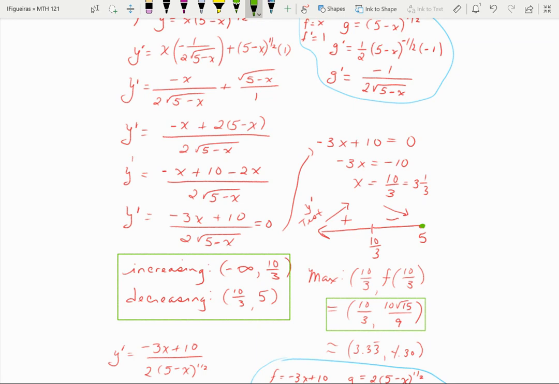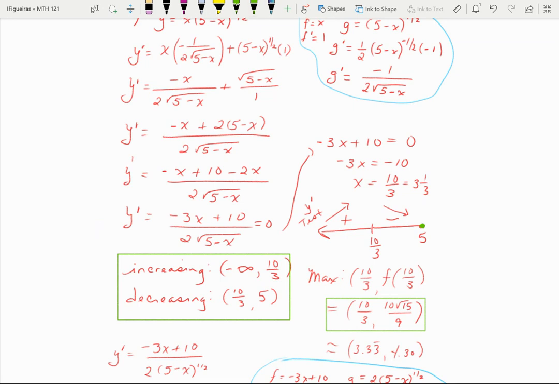If I pick something less than 3 1/3, like 0, for example, I'll get a positive result, which means the graph is increasing. And if I pick something between 3 1/3 and 5, such as 4, and plug it into my first derivative right here, then you will get a negative result, and so it's decreasing.